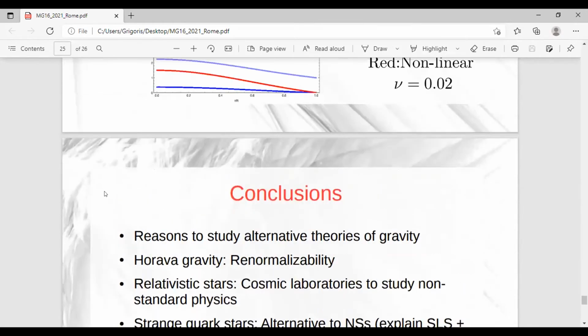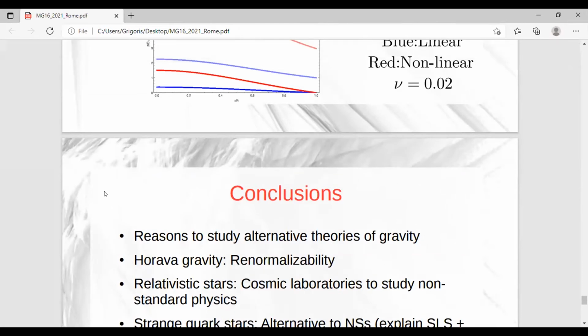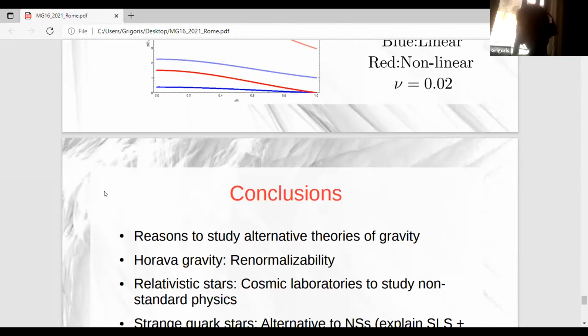If you see the precise expressions, you will see that they are not independent. Only one quantity is independent, and all the rest can be computed in terms of that.